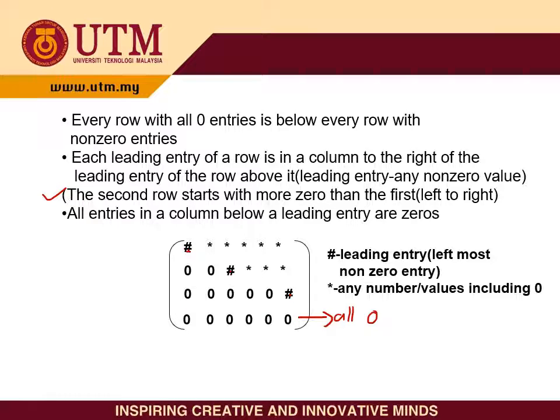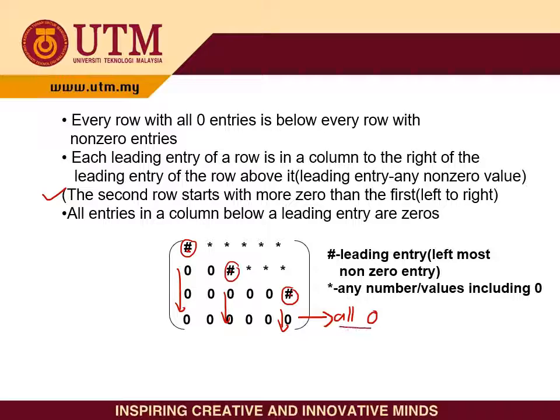The third condition: all entries in the column below a leading entry are zeros. This one is a leading entry, all below it are 0. This one is the leading entry of the second row, under it all 0. The third row leading entry, all 0. So we have three main conditions.